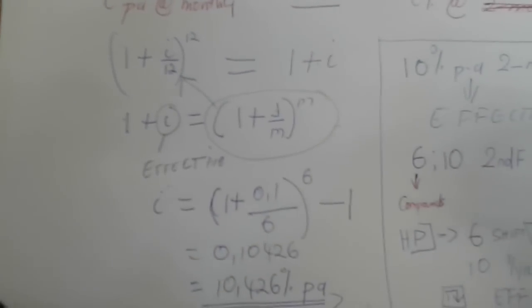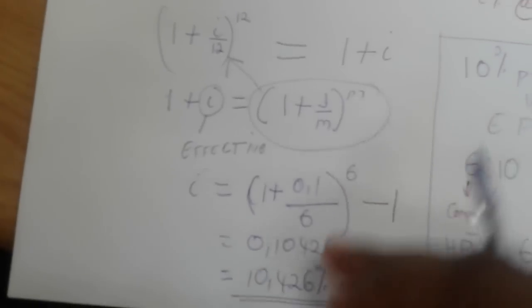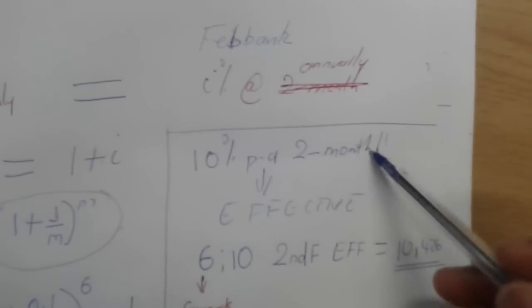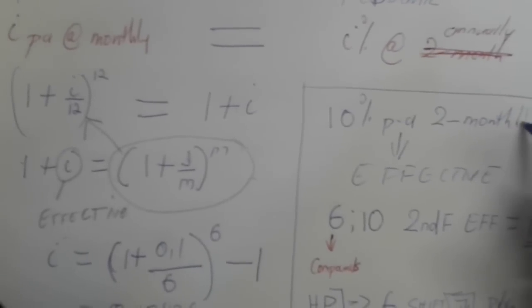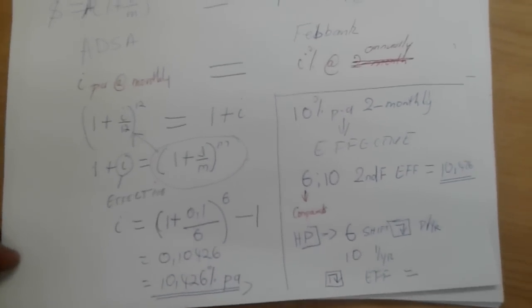In this case, we were changing 10% per annum compounded 2 monthly to an effective rate. So this is how we change a nominal or an advertised rate to an effective or an actual rate.